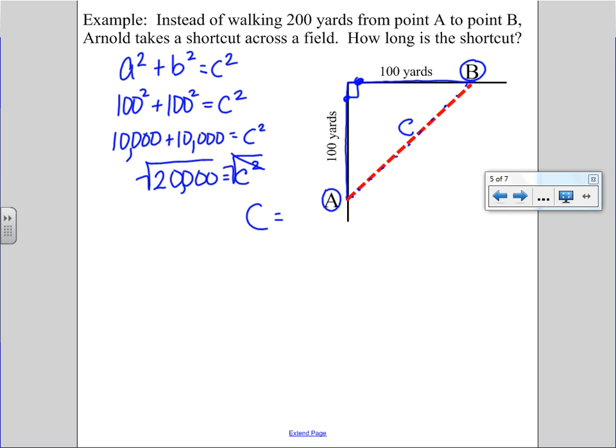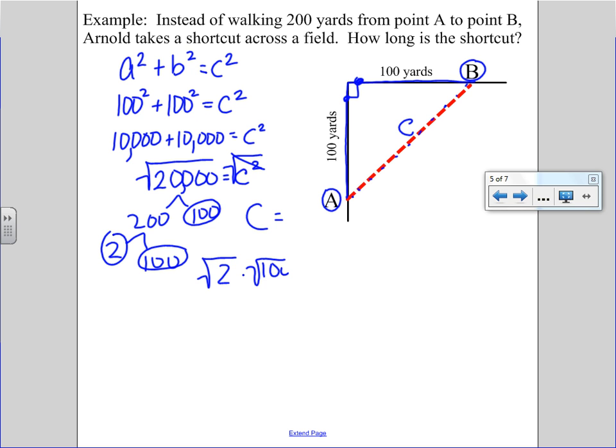Okay, so 20,000 will split into 200 times 100, and this one will split into 2 times 100. So I have this prime, and I have 100 and 100. So this is the same as saying radical 2 times radical 100 times radical 100.